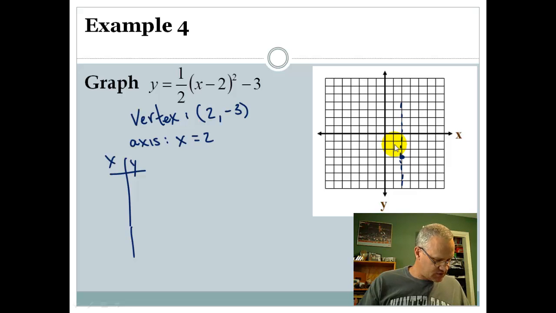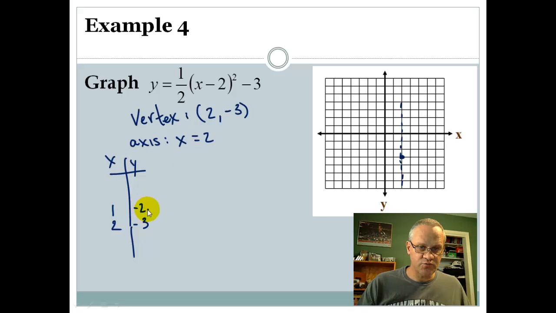Now you do have some interesting things going on here. Remember 2 is the middle point, so I've got 2, -3, which matches what we figured out from here. That's good. Then I've got 1, -2.5, and 0, -1. And you go, ooh, you've got a 0.5 here. You can plot those points as best you can. If you wanted to, you can go up and find the next bunch of integers where you don't have the 0.5.